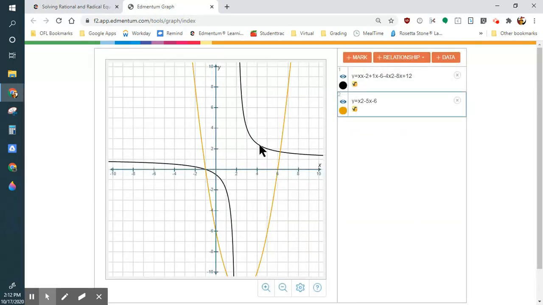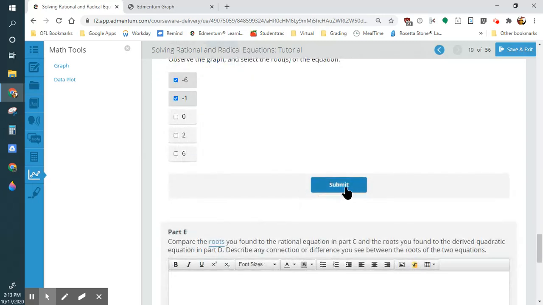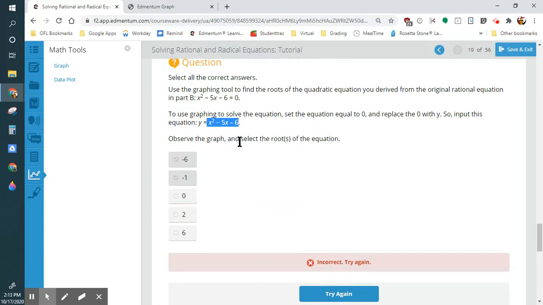If I don't want to look at my black graph, I can just hide the little thing right there. And see, my answers are -1 and 6. So I get -1 and 6 because those are where my zeros are. Observe the roots of the equation. So use the graph to determine, replace 0 for the y, so the input of the equation is that.